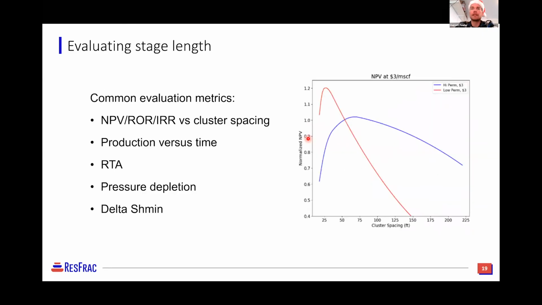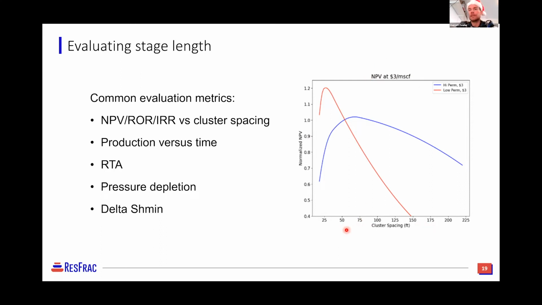And after I do that, I can run my cases and then evaluate various metrics. So as we said last time with cluster spacing, at the end of the day, what we really want is some financial or objective variable versus our independent variable.